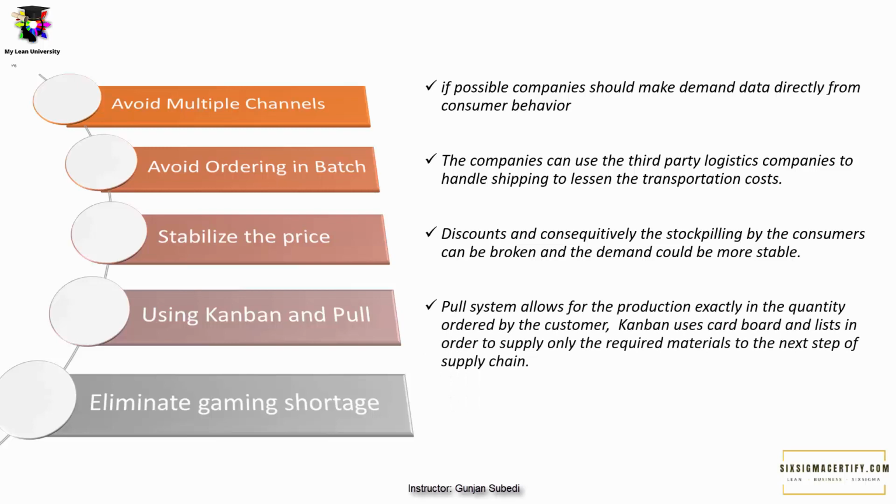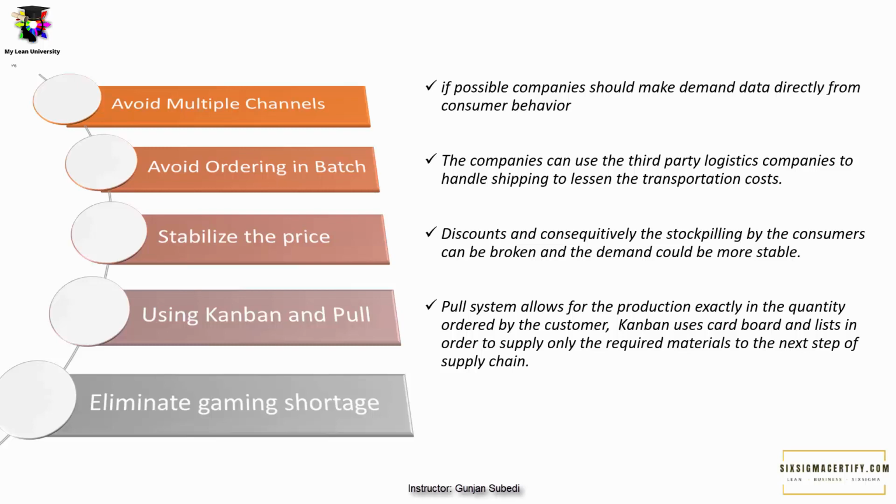By using the Kanban and pull system. We will study the Kanban and pull system in detail in this course. Just for your understanding, pull system allows for the production exactly in the quantity ordered by the customers. Kanban uses cards, boards and lists in order to supply only the required materials to the next step of the supply chain.